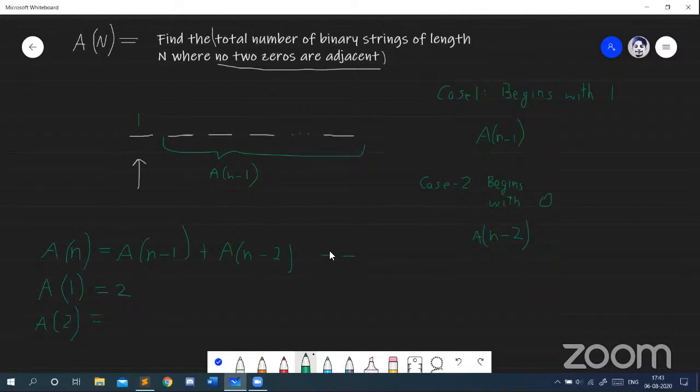Let's just try to do it manually. 1, 0, 0, 1, and 0, 0. I don't think any other is possible because 1, 1 is not allowed. So that's it, right? And so this is 3. And you see the sequence will become, if you try to evaluate A1, A2, A3, and so on, you get 2, 3, 5, which is just the Fibonacci numbers, right?